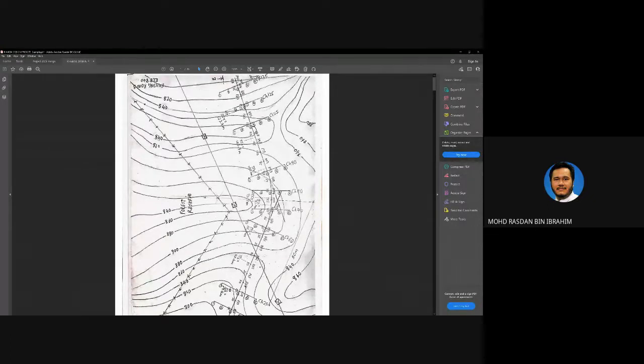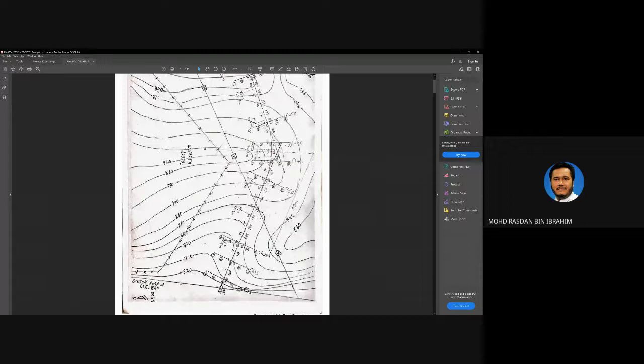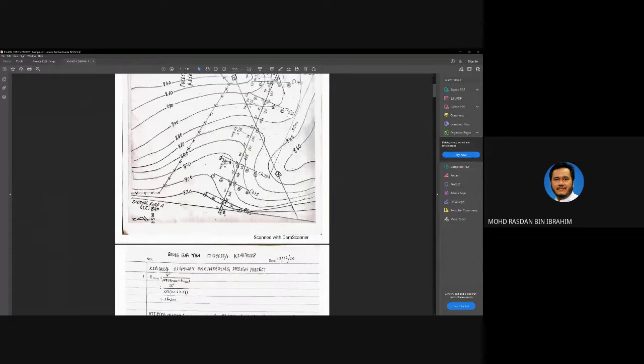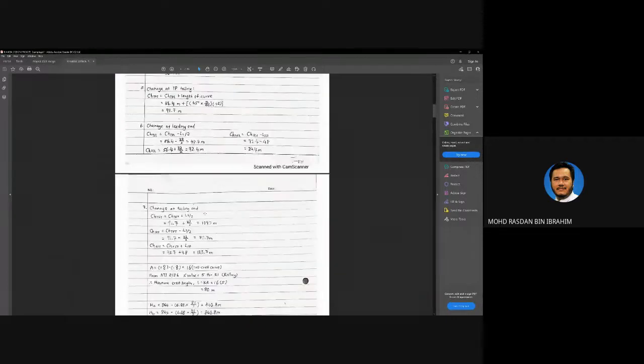If you are traveling south to north here, you actually have a left-hand curve. If you slice this road along the center line and take the height of the contour, you will get this graph.